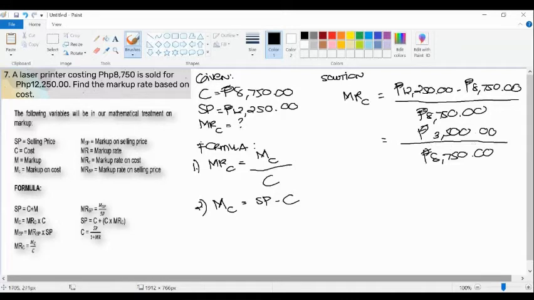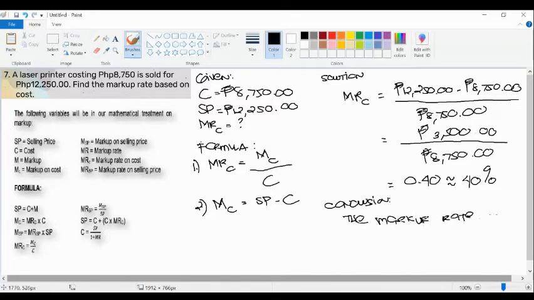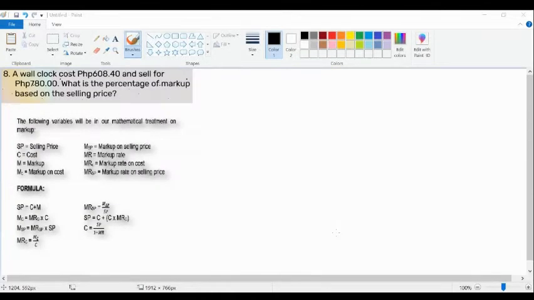And then 3,500 divided by 8,750 pesos, that is 0.40. Converting this to percent, it will give us 40%. So your conclusion, the markup rate on cost is 40%.